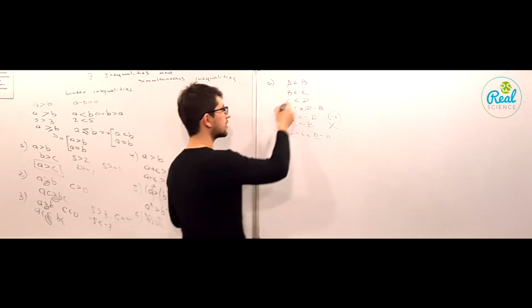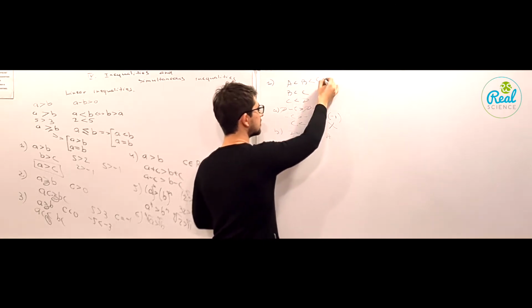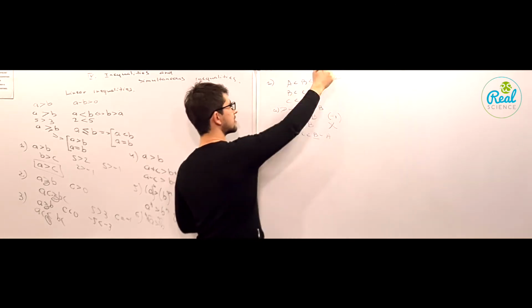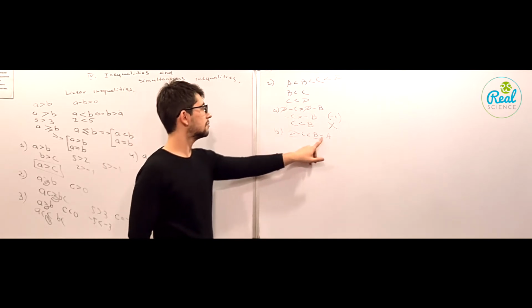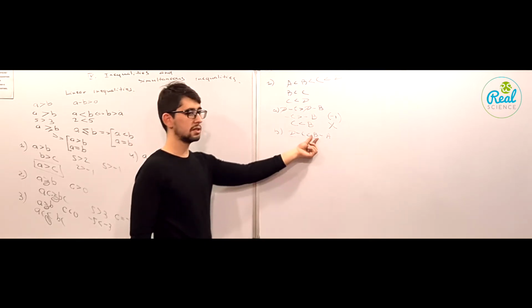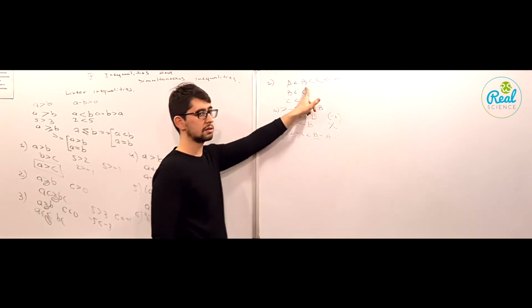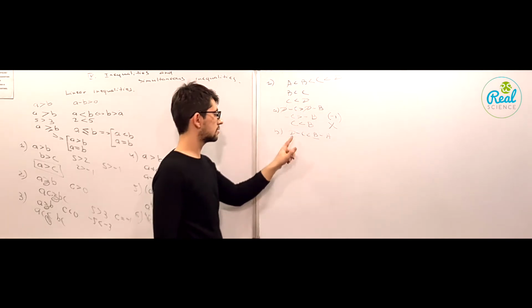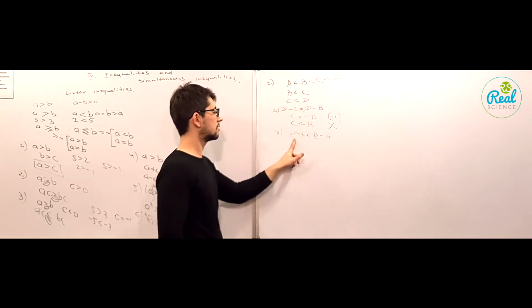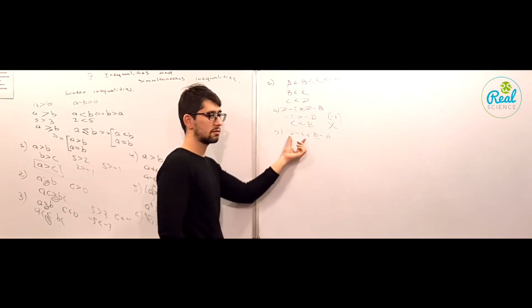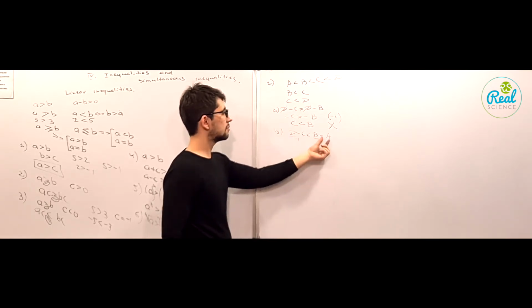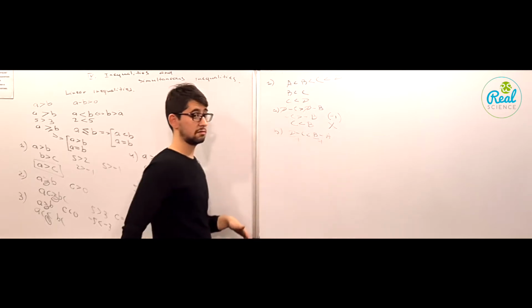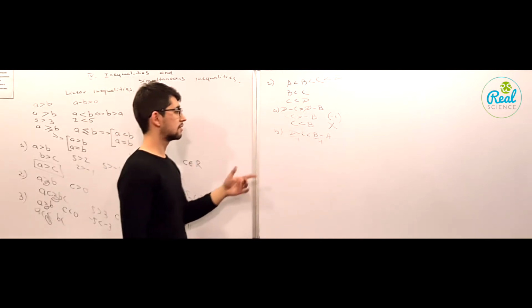No. So here you can add C, and you can add D, because these operations can be applied there, right? So B minus C, B minus A. D greater than C, so it means it's positive, right? What about B minus A? It's also positive. So we cannot conclude here.